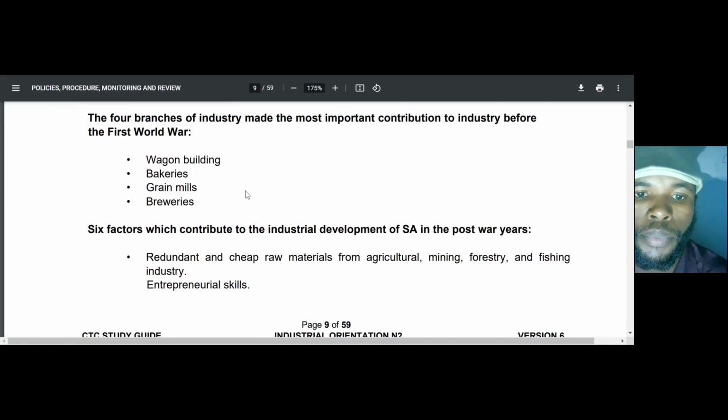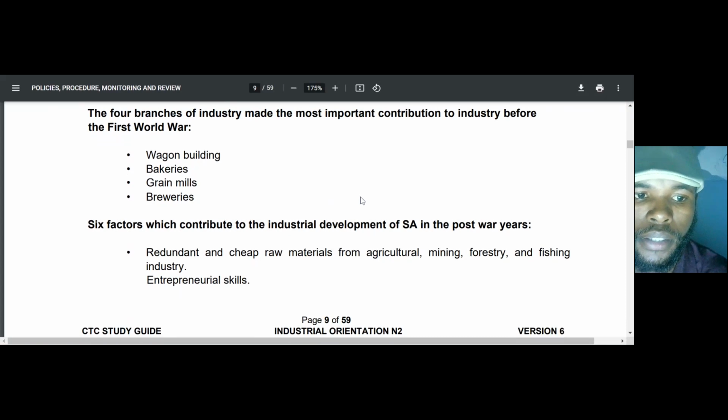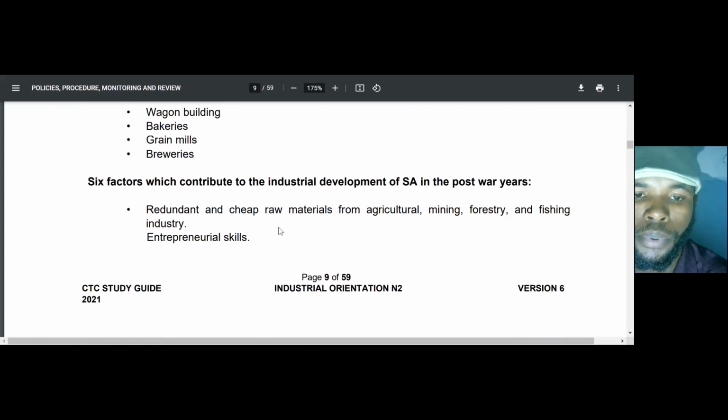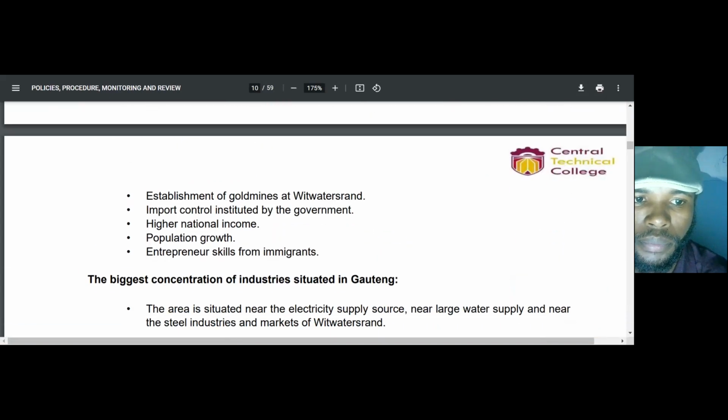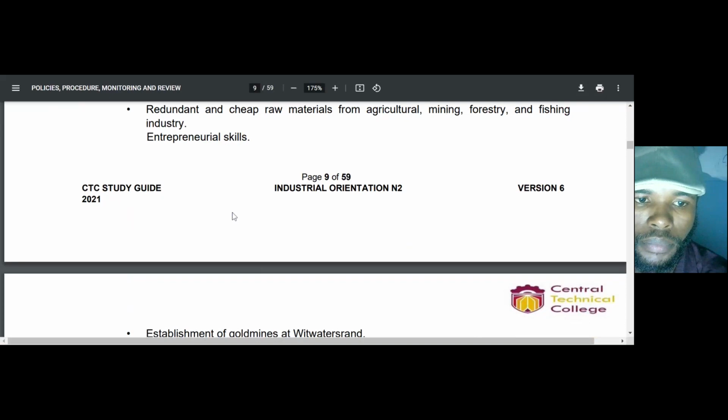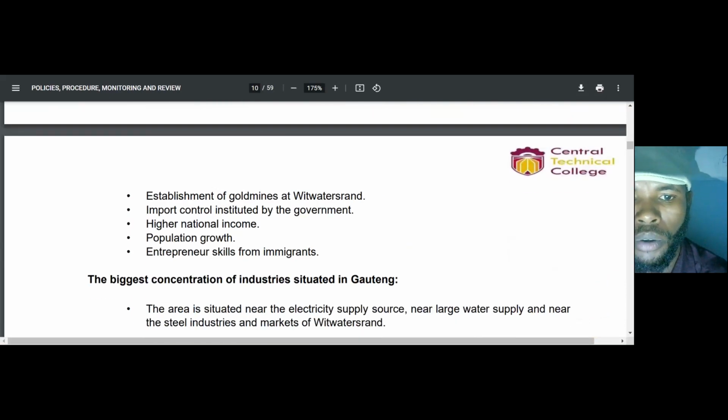Now 6 factors contributed to the industrial development of South Africa in the post-war years: abundant and cheap raw materials from the agricultural, mining, forestry, and fishing industries; entrepreneurial skills; establishment of gold mines at the Witwatersrand; import control instituted by the government; higher national income; population growth; and entrepreneurial skills from immigrants.